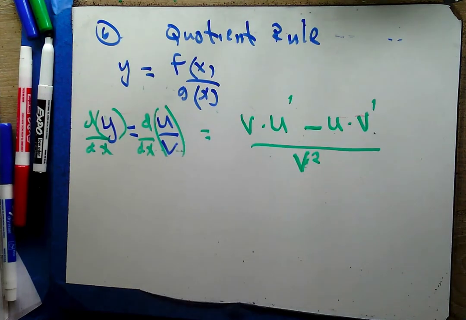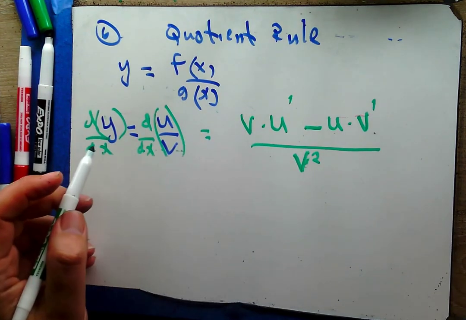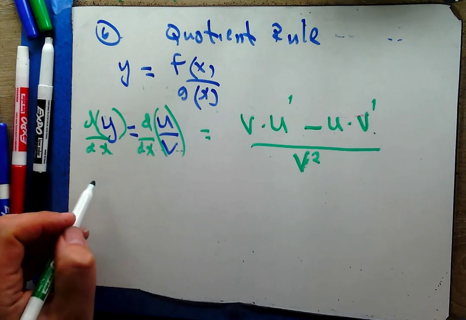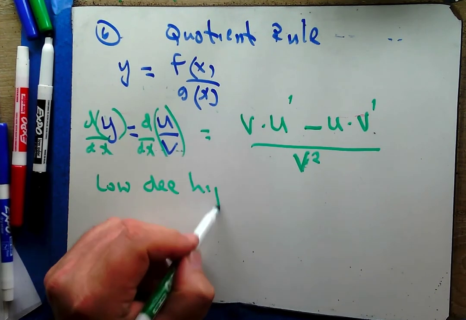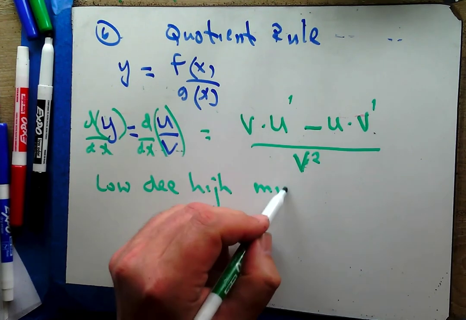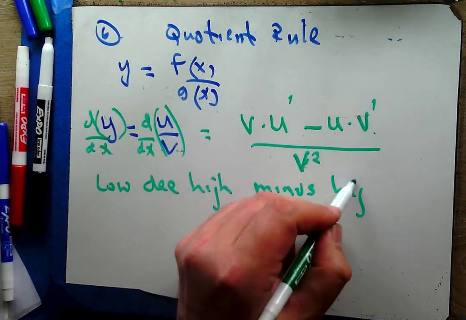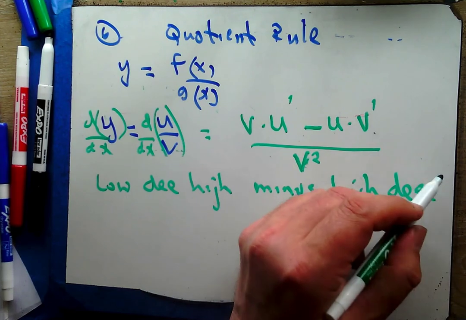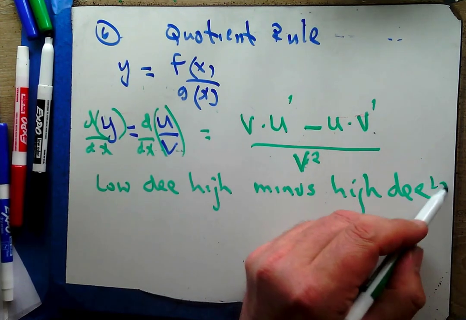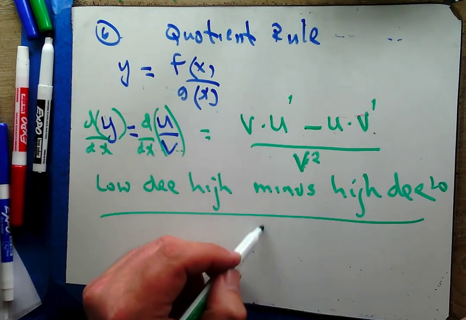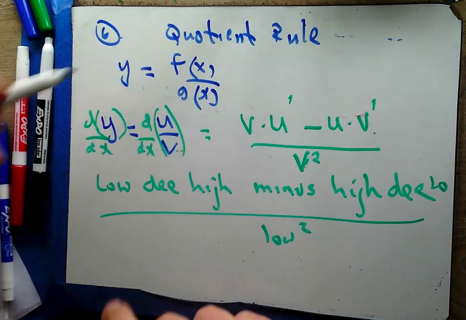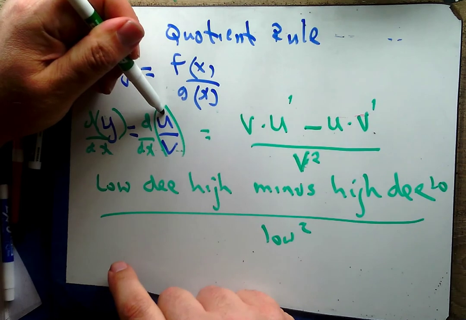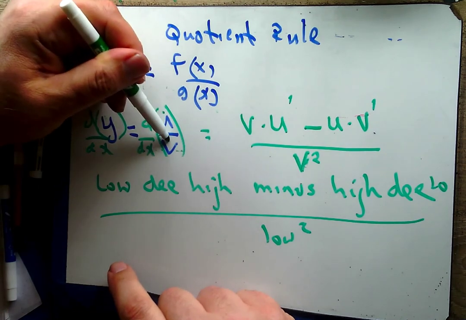Well, Deb Gray, one of my high school calculus teachers, taught me low d high minus high d low over low squared. So this is the high function. This is the low function.